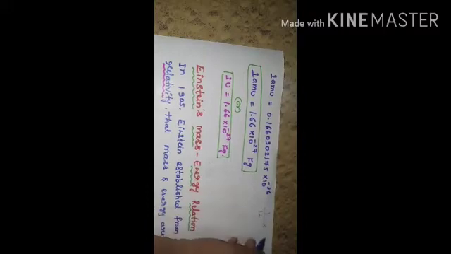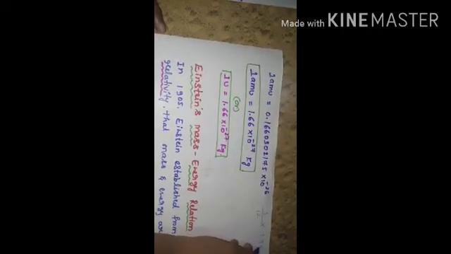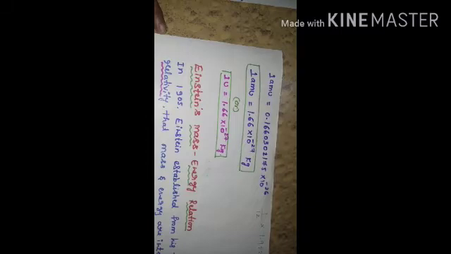We are getting one atomic mass unit is equal to 1/12th mass of one atom of the isotope, that is 1.992362 into 10 to the power of minus 26 divided by 12.